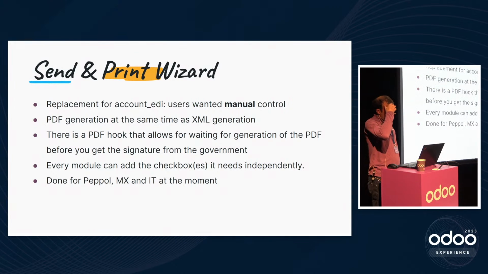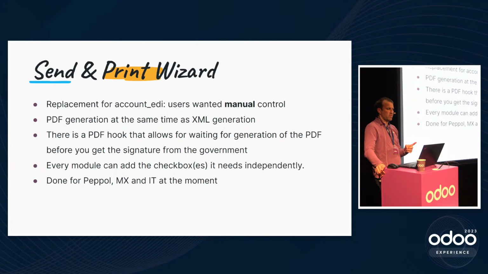Yeah, and one other requirement, especially for Mexico, is that often people want the invoice only to be sent when they already have an answer from the government. So they need the barcode of the signature already in the PDF to their client, because then their client will see, okay, this has officially been approved by the government.